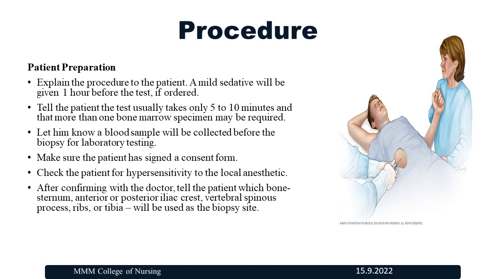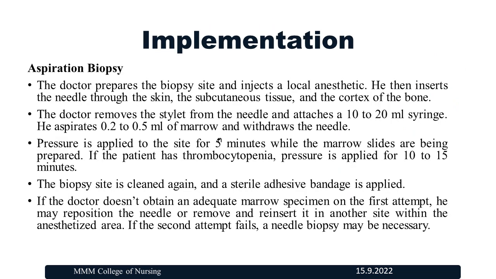Make sure the patient has signed the consent form, very important. Check the patient for hypersensitivity to the local anesthetic agent, and after confirming with the doctor, tell the patient that the sternum, anterior or posterior iliac crest, vertebral spinous process, ribs, or tibia will be used as the biopsy site.